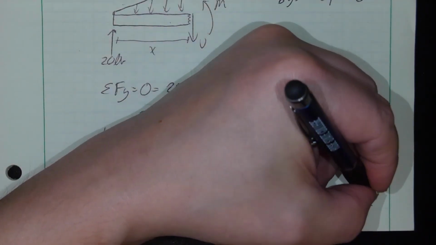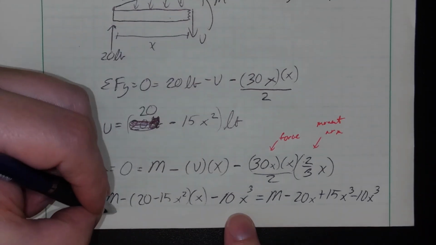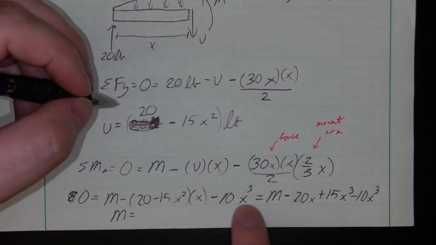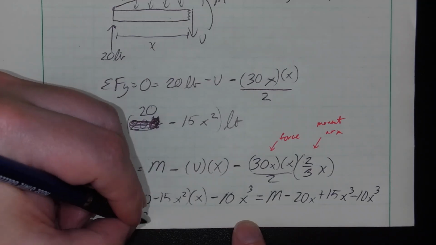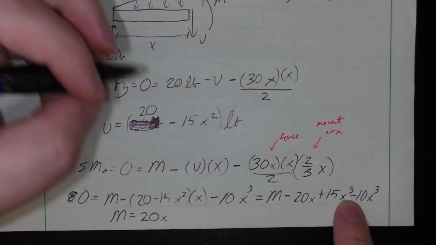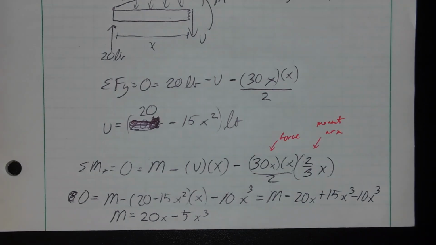Yeah. So the moment equation, moment is a function of x, I'm going to add all this stuff to the 0 side. So it's going to flip the signs on everything. It's going to be 20x. And this is going to be minus 5x cubed. Okay.